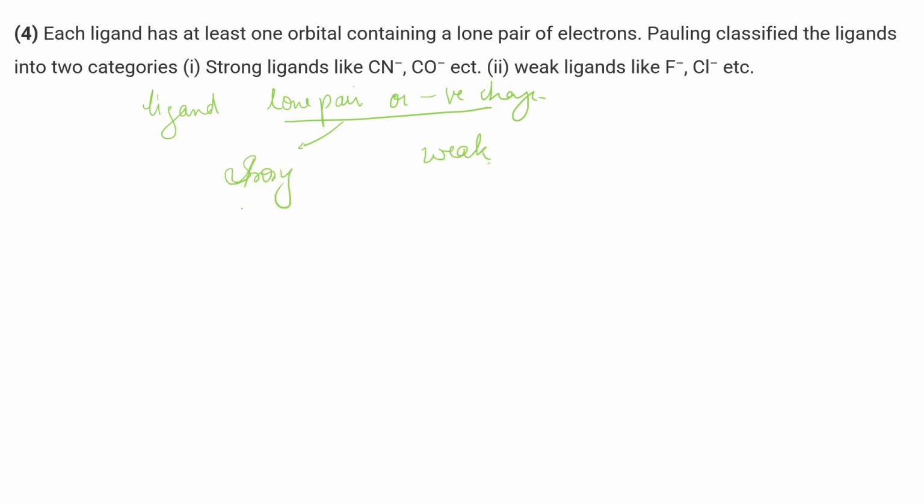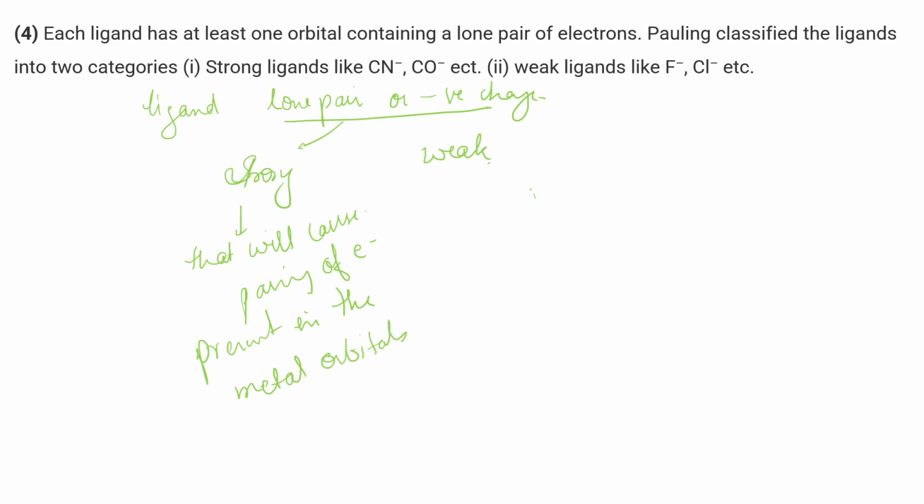Strong ligands are those that will cause pairing of electrons present in the metal orbitals, and weak ligands won't cause any pairing of electrons already present in the metal.